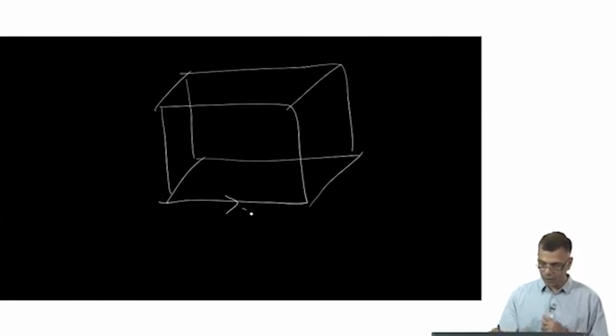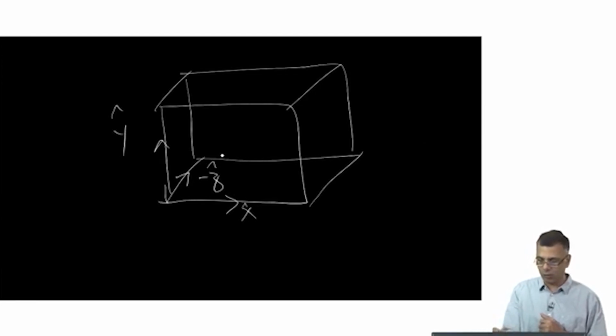Let us say this is the x axis, this is the y axis, and this is the minus z axis, because x cross y has to be z. If you rotate from x to y, a right handed screw would come out in this direction. So, that would be the minus z axis.